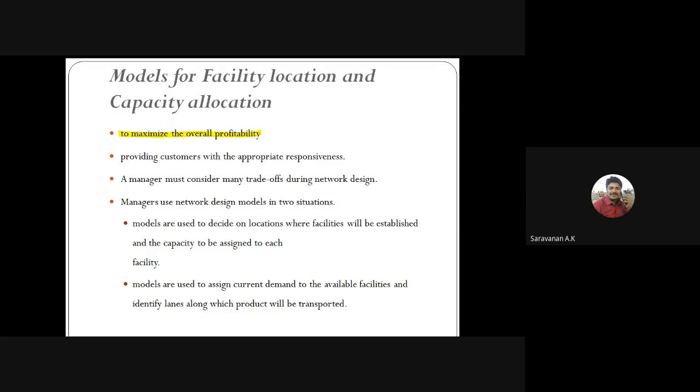So when making the revenue of the product, we have to consider the costs that arise from these terms, that is the facilities, labor, transportation, materials, and inventory, right?